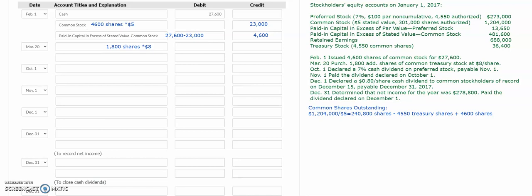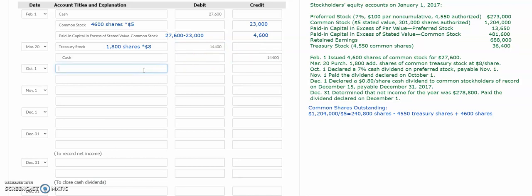So this will be $14,400. So I'm going to debit my treasury stock and credit cash for the repurchase of our own stock, and it's $14,400 on the debit and the credit side.